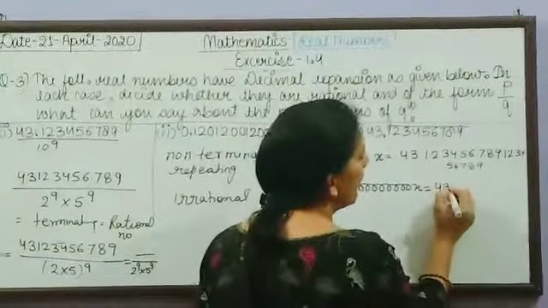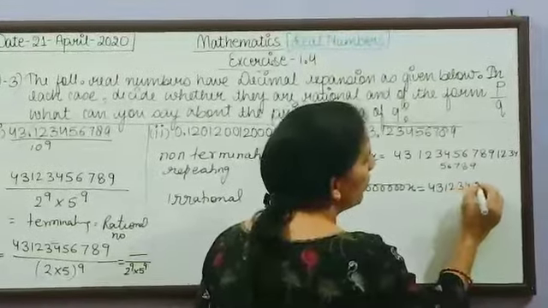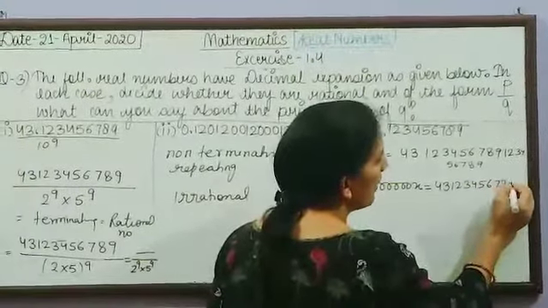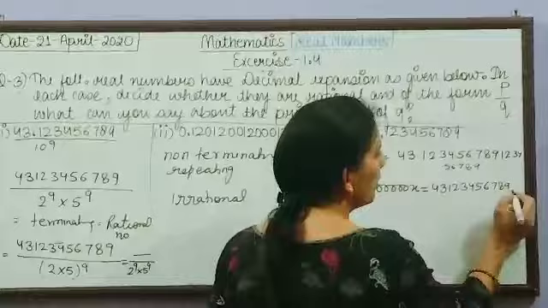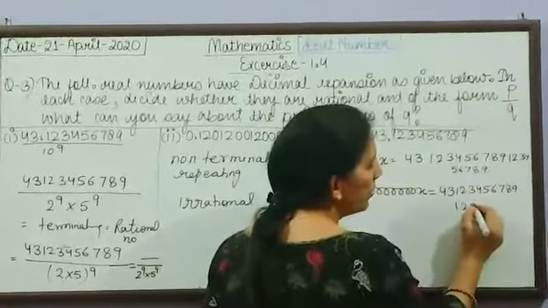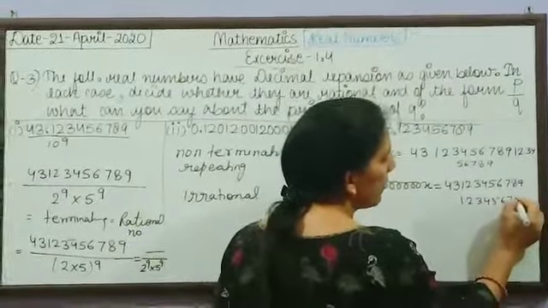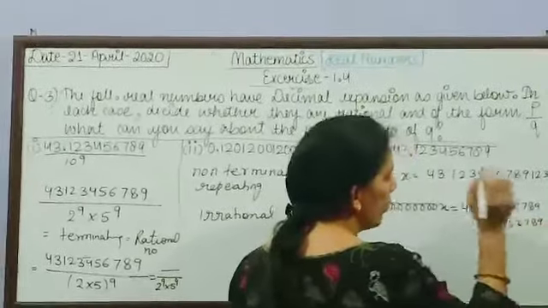So 43123456789 point, again repetition, after the decimal 123456789 and so on.